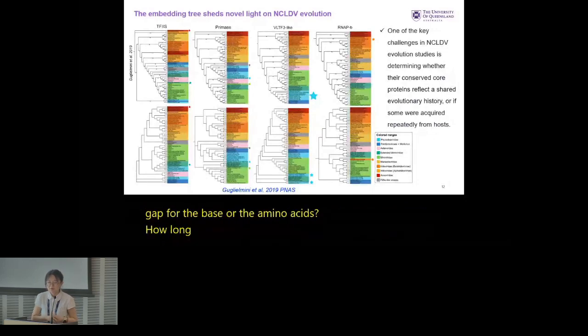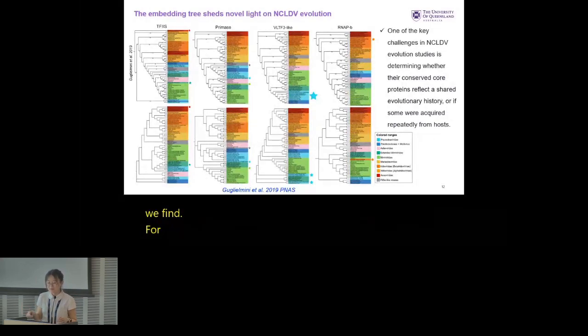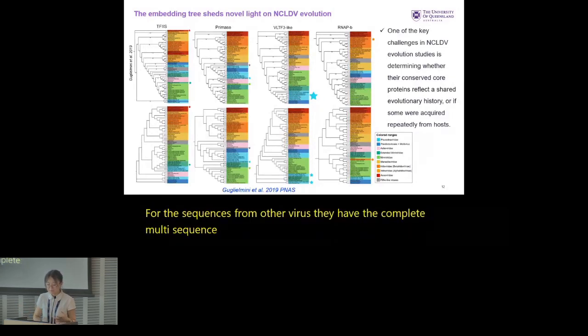In our updated manuscript, we find that these sequences have long gaps, while the sequences from other viruses have the complete multiple sequence alignment. Only for these sequences, the length is half of the total multiple sequence alignment length.